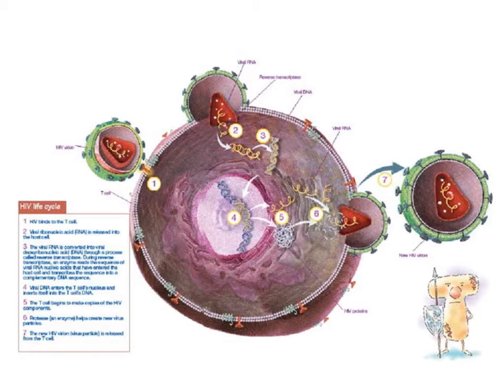This is the first of a couple of pictures that I put in here that show how a CD4 cell is infected with the HIV virus. It's kind of hard for you to read, and I apologize for that, but it's numbered here, so this is the progression, 1, 2, 3, of how it breaks in.